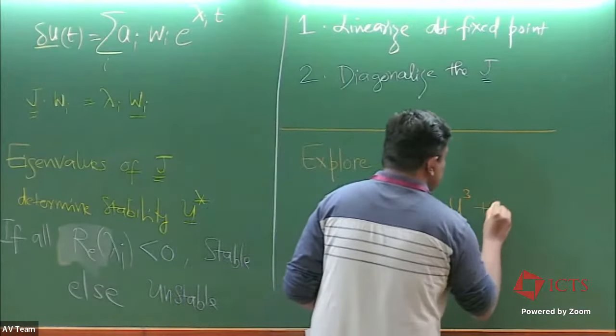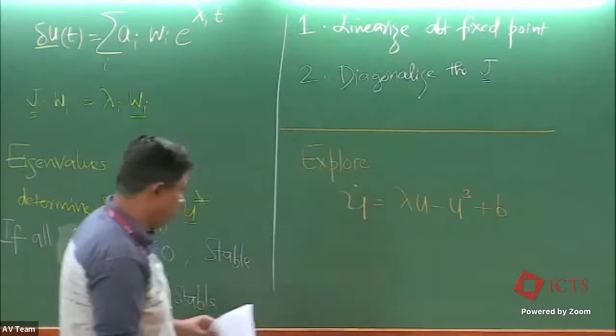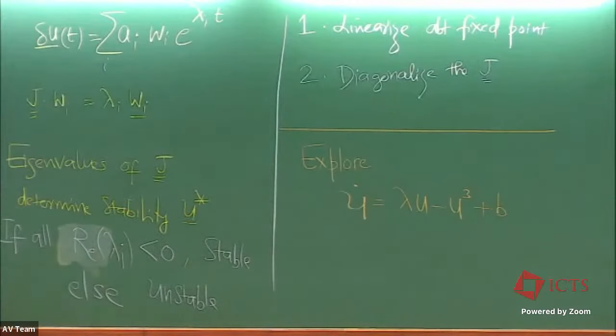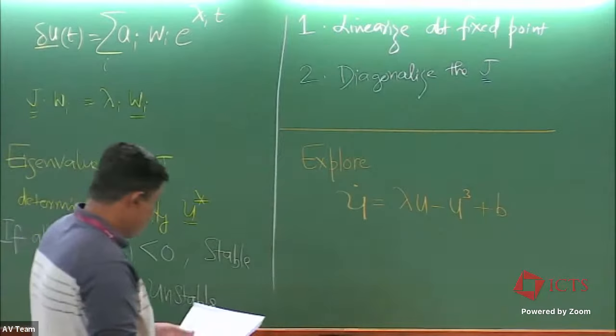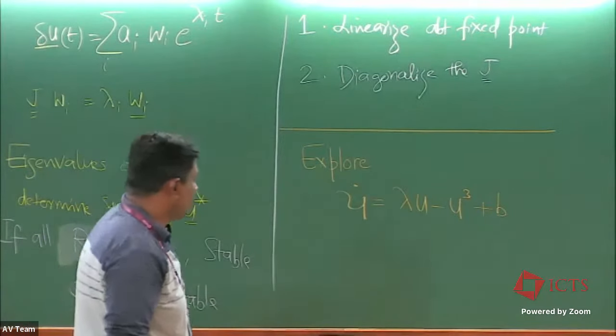Now I just put in a constant B. So there are two control parameters, lambda and B. And I want you to work out the fixed points of the system, the stability of the fixed points, and also plot the bifurcations.